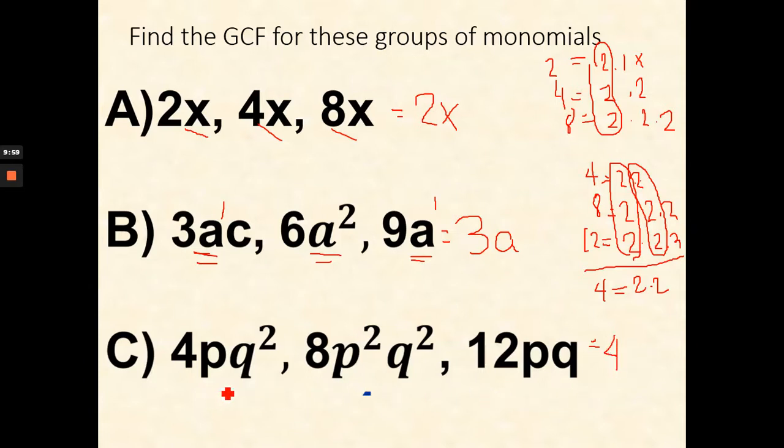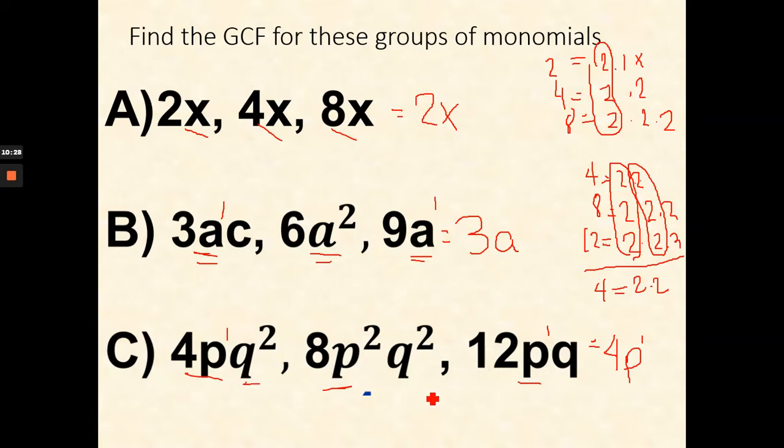Now, let us concentrate on the variables. For p, the exponents are p to 1, p to 2, p to 1. You have p on all the terms. Therefore, p is a common factor. Again, in variables, you need to choose the lowest exponent. So that is 1. Next, q.